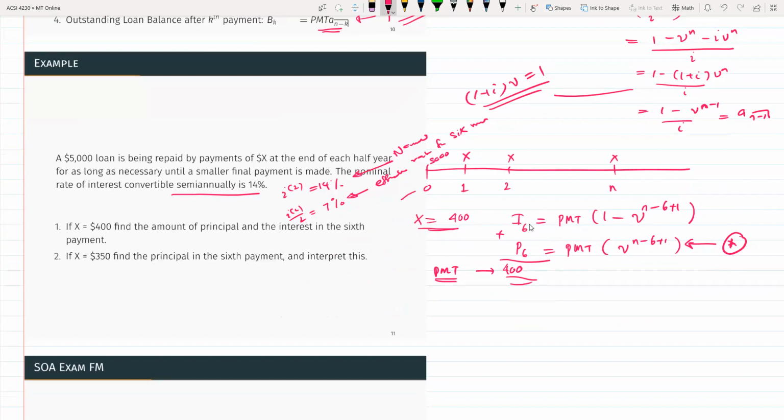Okay, so let's calculate n. How do we calculate n? This is an annuity, so we know the present value is 5,000 and payment is 400. Compounding per year is 1, since I'm thinking of the 6 months as a year. Payment per year is 1. And then the rate would be 7%. Now remember, my year is actually 6 months. Then I would get how many 6-month periods? So n is what I need. Let's use our calculator.